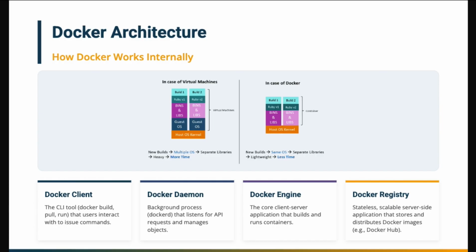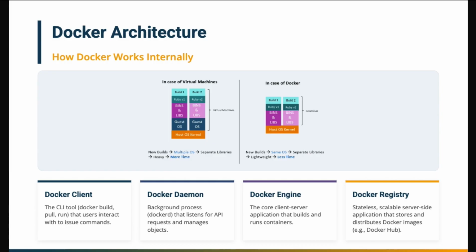The Docker daemon is the engine running in the background that handles all the heavy lifting, managing the images and running containers. And the registry, like Docker Hub, is where you store and share those container blueprints. Understanding the architecture helps you troubleshoot and understand the flow of commands from your terminal to the running containers.